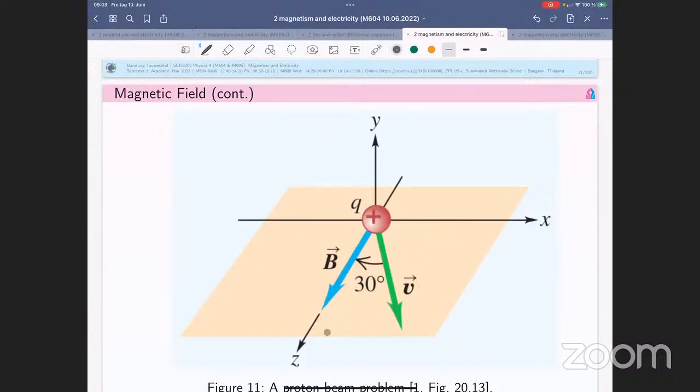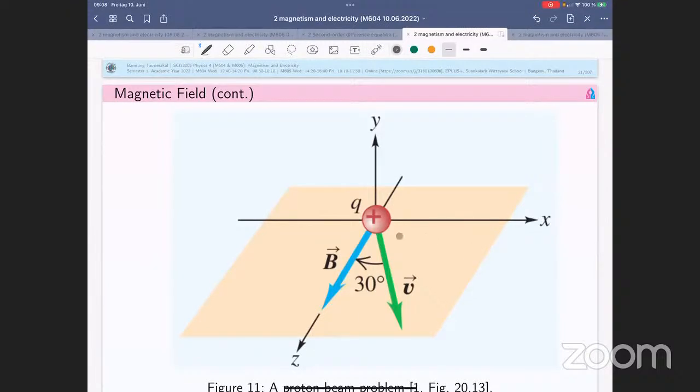That's called the xz plane. If you say xy plane, it means the plane that covers the x-axis and the y-axis. If you say yz plane, it means the plane that covers the z-axis and y-axis. But here for us, the yellow or brown one is the xz plane. The xz plane covers the z-axis and x-axis.